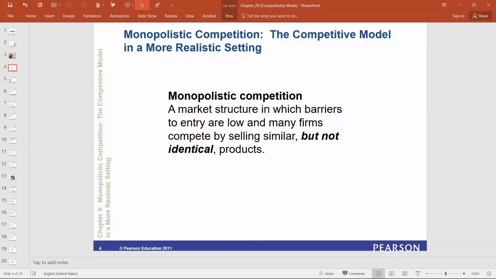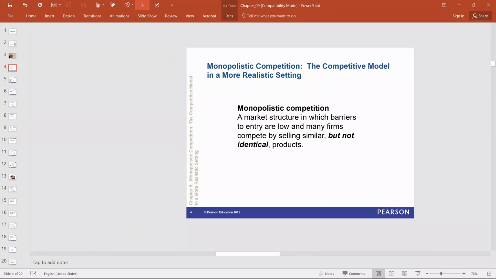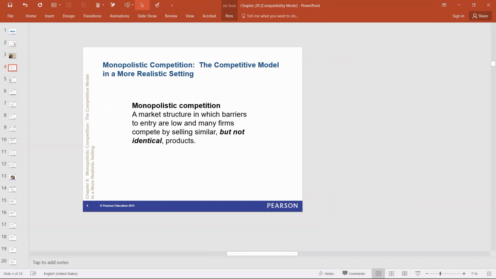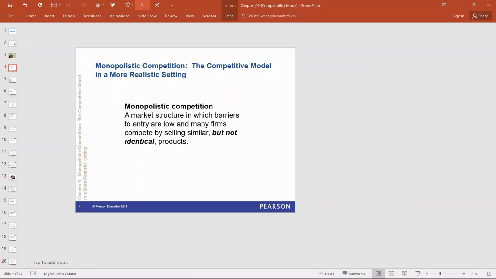Okay, so just a reminder, in microeconomics and in looking at markets and what type of market that we are looking at in terms of the structure of the market by looking at number of firms, market price setting power, barrier to entry, and so on.